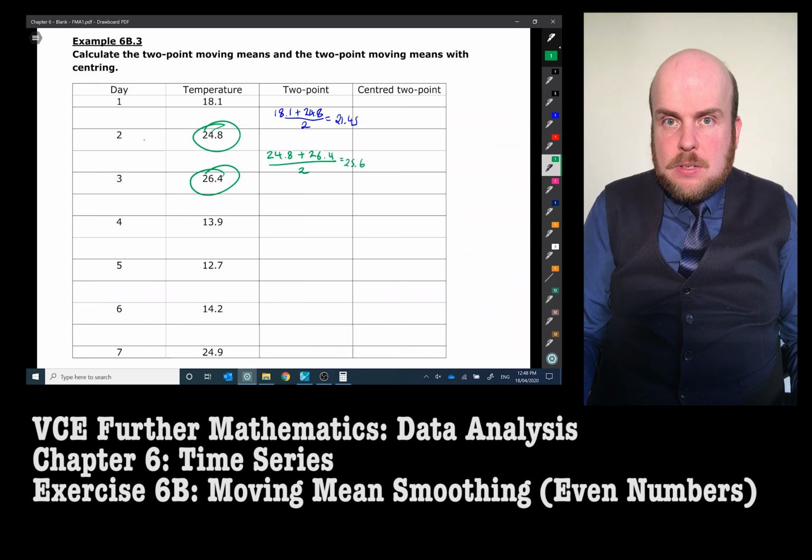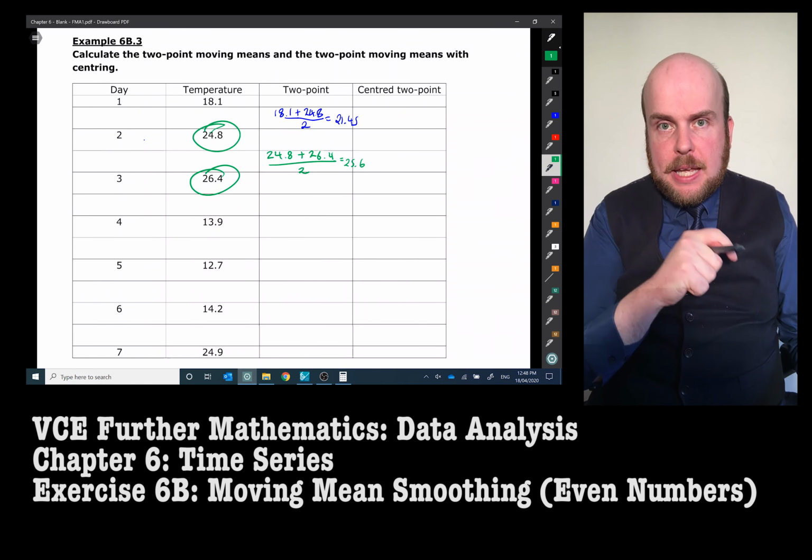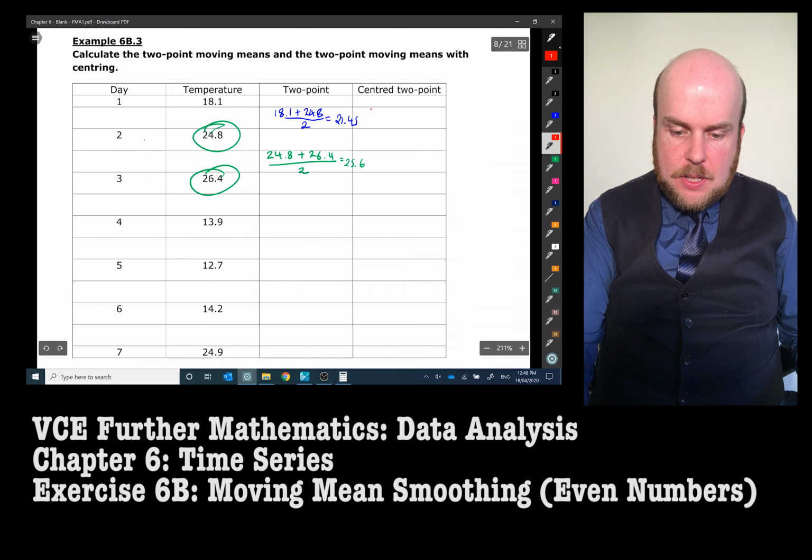The centered 2-point then asks me, out of those 2 points that I've just calculated, what's the average of those? The average of those is obviously what's in between.